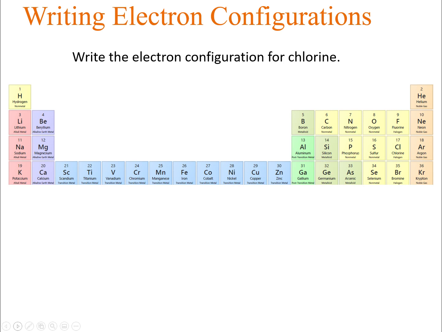Let's say that we wanted to write an electron configuration for chlorine. The first thing you have to do is find it. So chlorine is over here in our P block. To be more specific, our last sublevel for our electron configuration should be 3p, because that's where chlorine is.